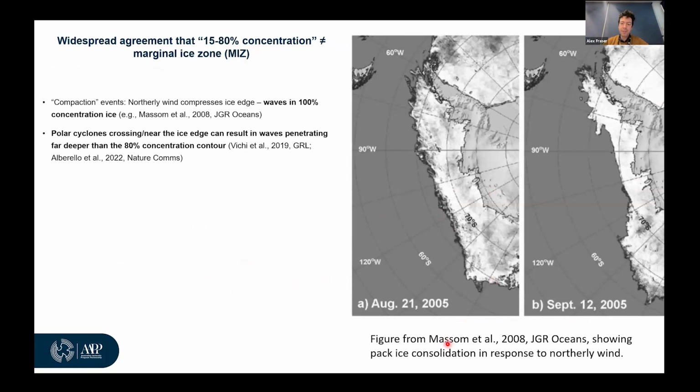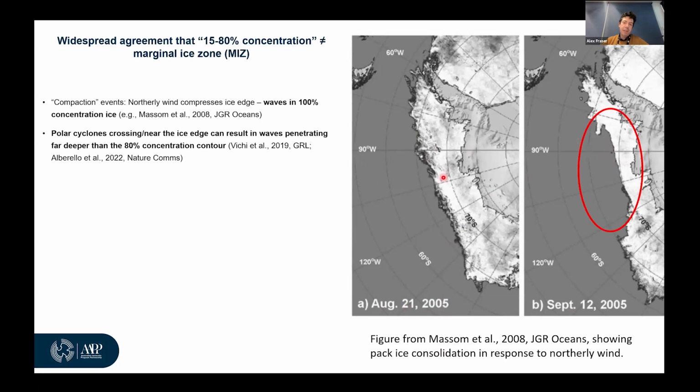Some evidence of this comes from Rob Massom's 2008 paper. There's a 3-week interval between these sea ice concentration maps in 2005, and clearly there have been some northerly winds in between this time, compacting the pack ice up against West Antarctica here.